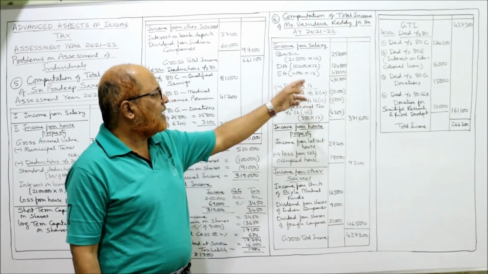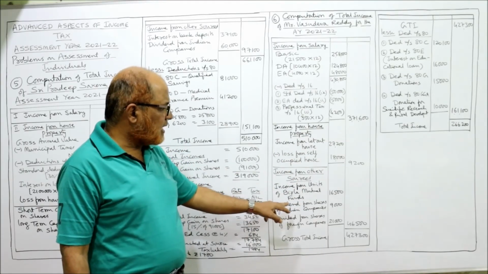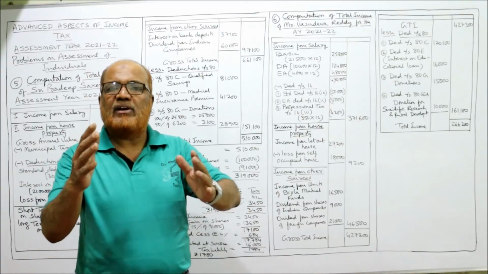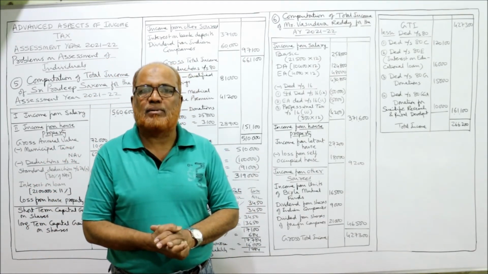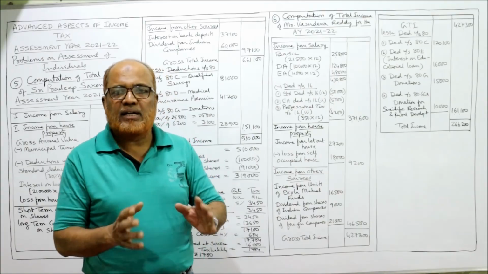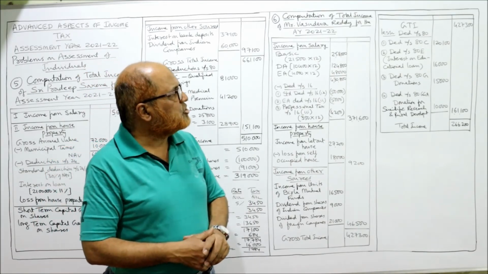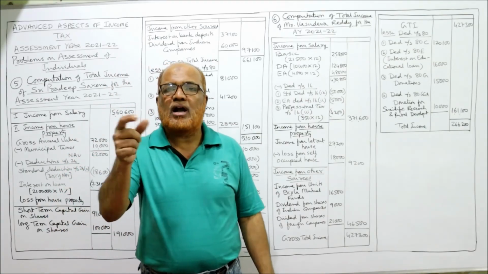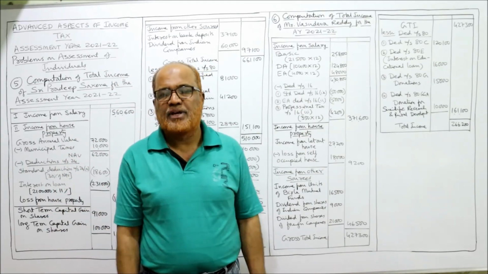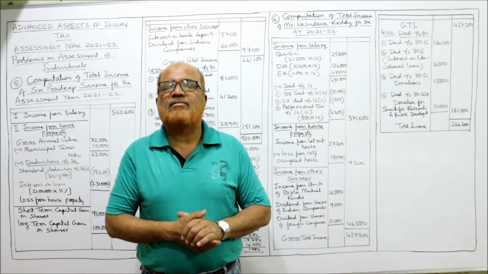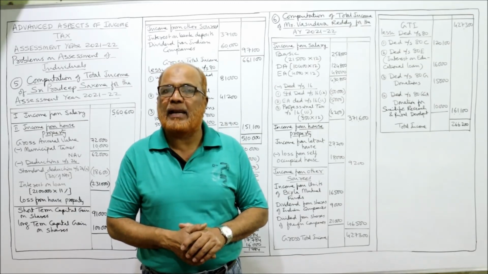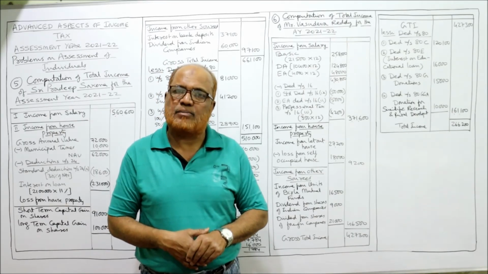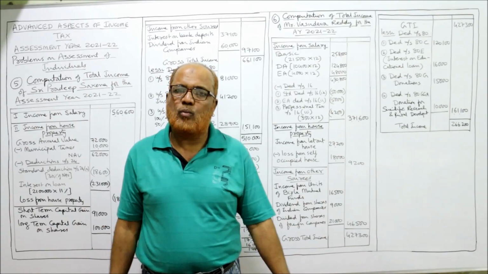And secondly, income from units of Birla Mutual Fund is fully taxable, and dividend from Indian company and foreign company is fully taxable as income from other sources. Then deduction under section 80G, 80E, 80C, 80GGA will be allowed, but interest paid on car loan will not be allowed as deduction. And any income received from a Hindu undivided family will not be treated as income, not taxable. These are the points you write in the working note.